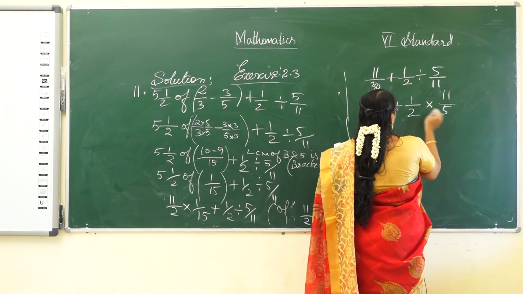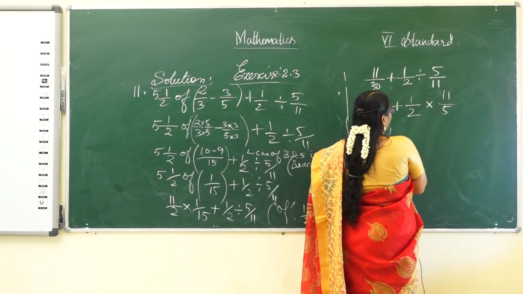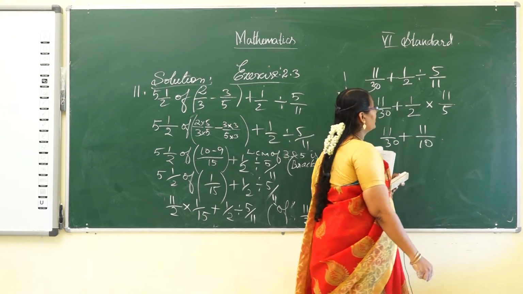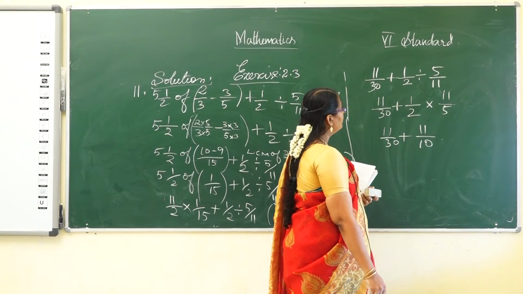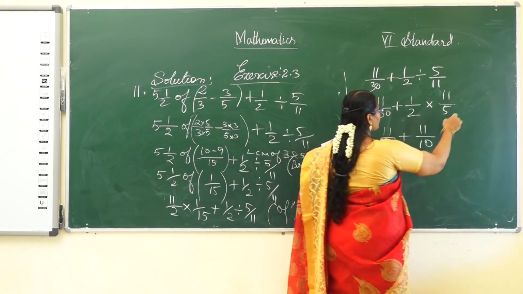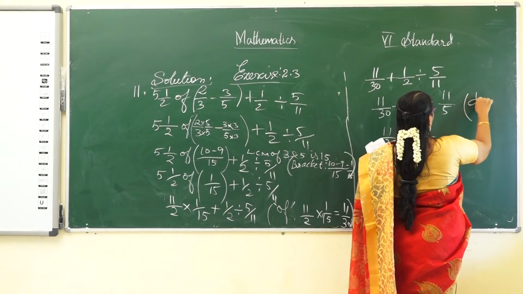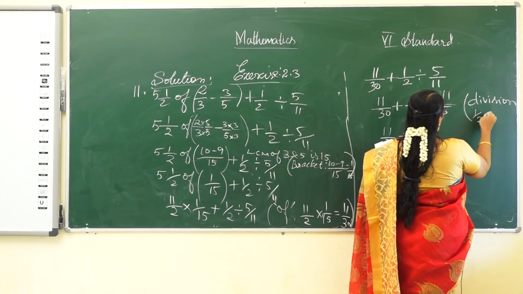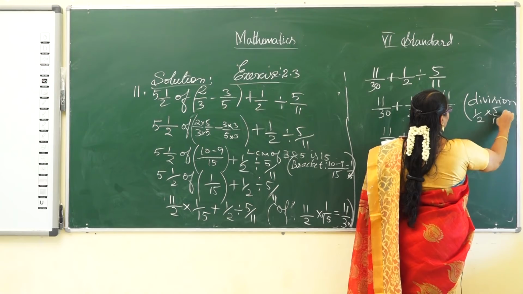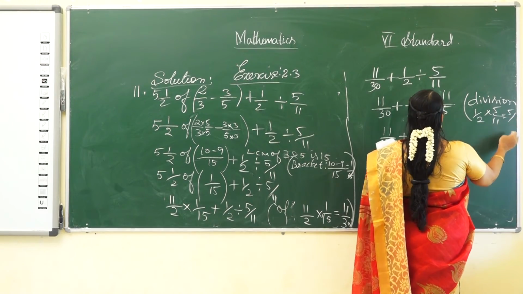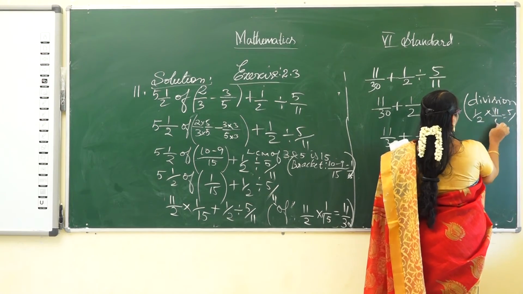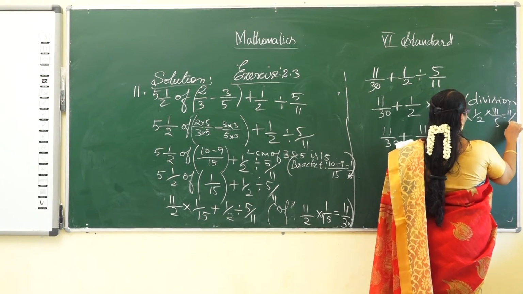Okay. So half into 11 by 5 is 11 by 10. Here write division.